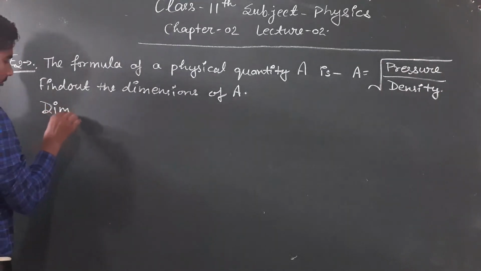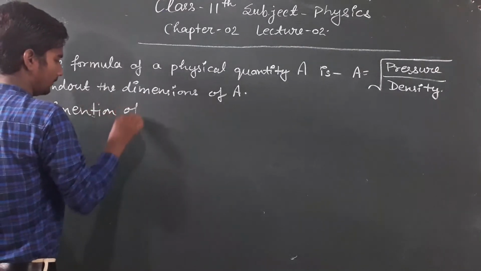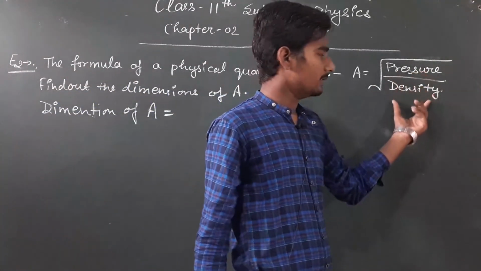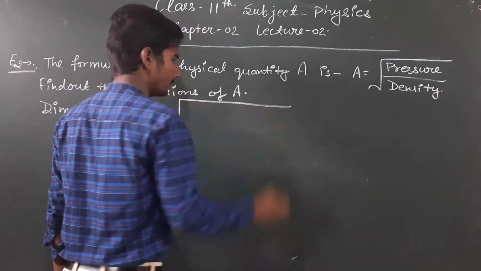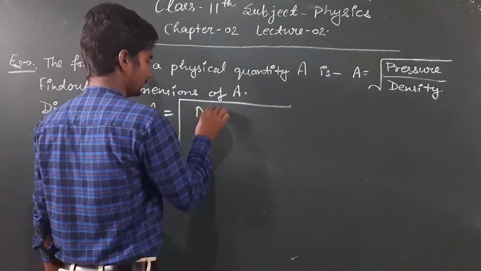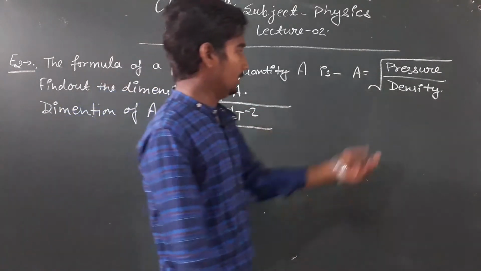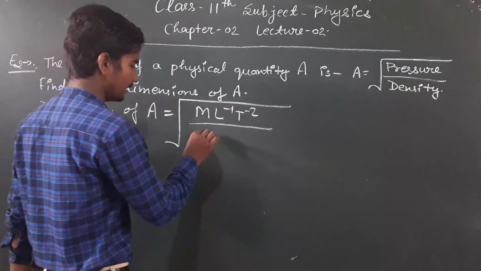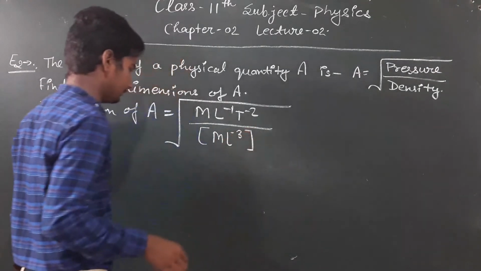The dimension of capital A will be the dimension of pressure upon the dimension of density, taken under the root. The dimension of pressure is m L minus 1 T minus 2, upon density, which is defined as mass per unit volume, and that gives the dimensional formula m L minus 3.